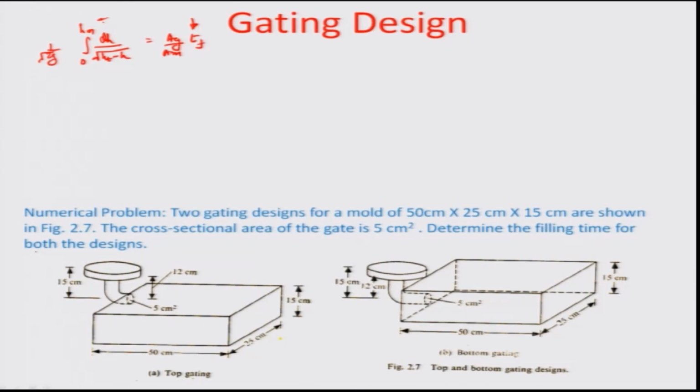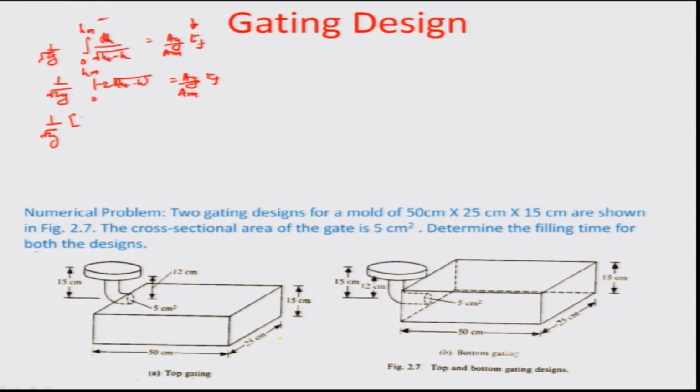So this is how we integrate, and the final form is 1 by root 2g times minus twice root of Ht minus H, which is what comes from the integral, equals Ag by Am times Tf. Now we substitute the limits of the integration.